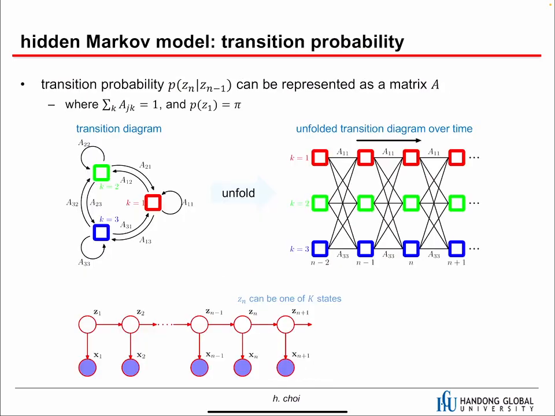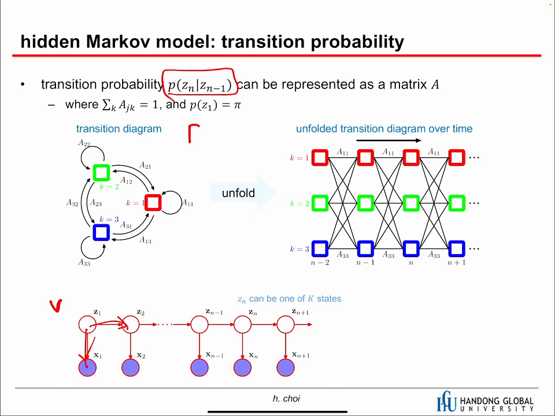In HMMs, we have two different probabilities. As you can see here, this one is the transition probability and this one is the emission probability. The transition probability is about the transition between the hidden states from n-1 to n. And as I said, it's homogeneous, so we don't have to have a different probability for a different time step.